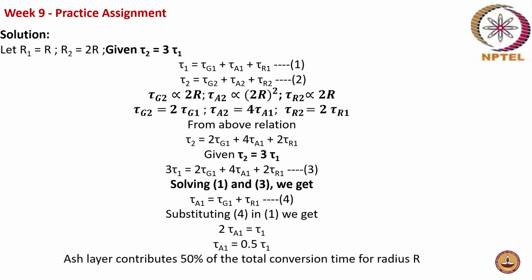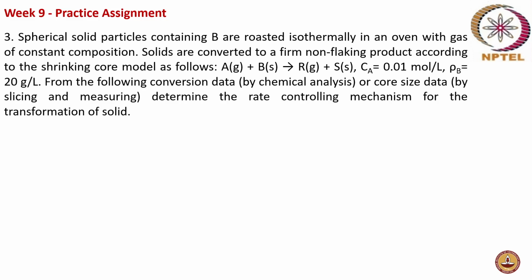That means the ash layer contributes 50% of the total conversion time for radius R. That means it offers 50% of the total resistance for conversion of the particle of size R. Okay. Now let's go on to question number 3.